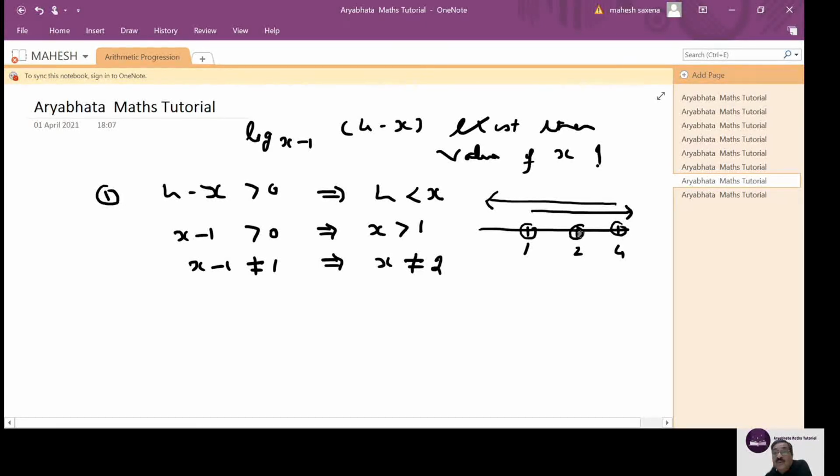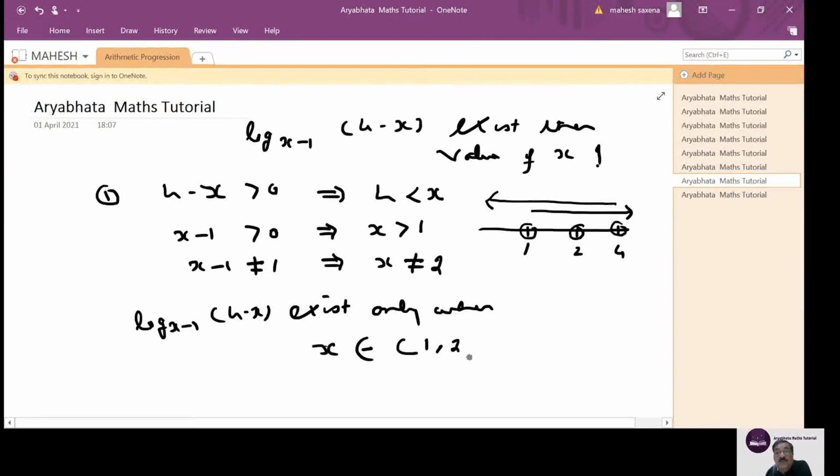But x should not be equal to 2. Therefore, log base x minus 1 of 4 minus x exists only when x belongs to, first, (1, 2). Neither x should be 1, nor x should be 2. Therefore, x belongs to open interval (1, 2) union (2, 4).